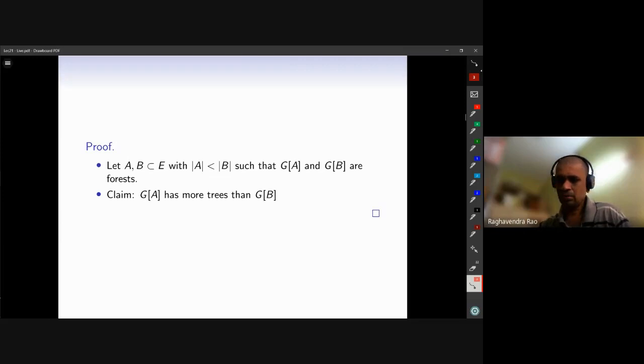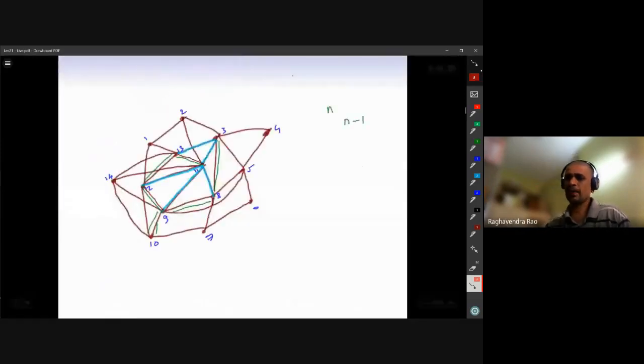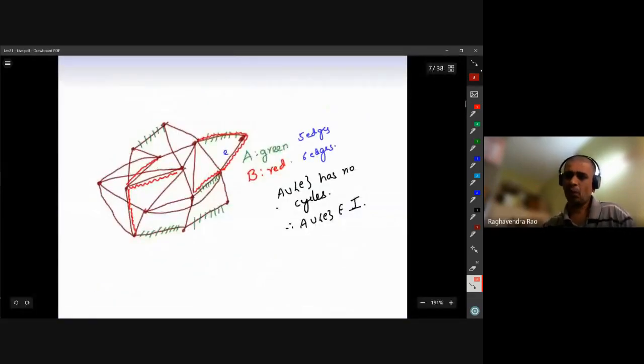There is one small thing that I want to say. For this example, what is the number of trees in A? This is one tree. This is 1, 2, 3, 4. But there is a small catch here. When I say number of trees, I'm not only counting these. I'm also counting isolated trees, single vertex trees.